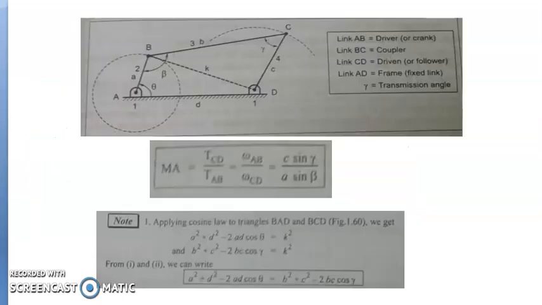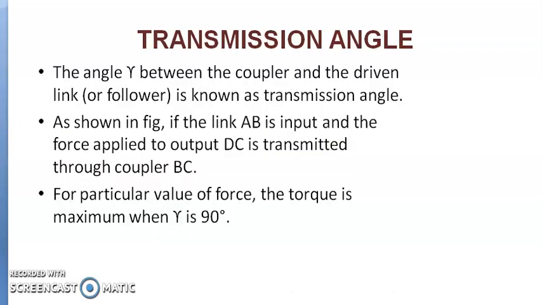Here, link AB is the input and link CD is the output. The input is completely rotating or cranking, and CD is the output, which is going to rock. The link BC connecting the input and the output is called the coupler. The angle made by this coupler with the output link is known as the transmission angle.